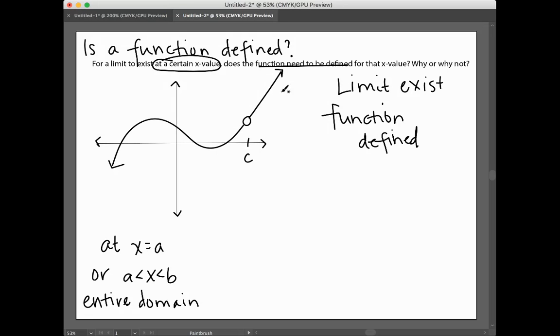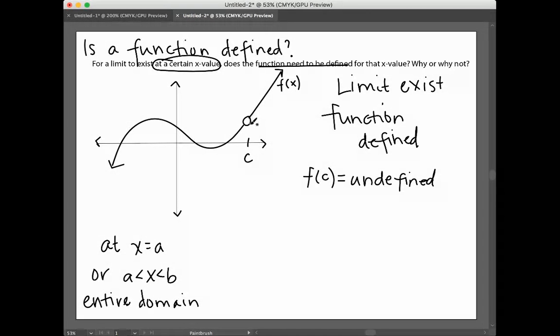So let's look at this function f of x and consider the point where we plug in c for x. This function is undefined at c because there's no y value at c. Let's pick this point, I'll call it d. I don't know what the value is, but the function is defined at d.